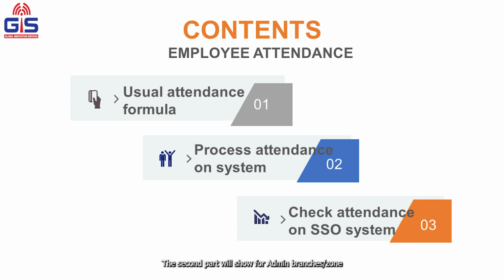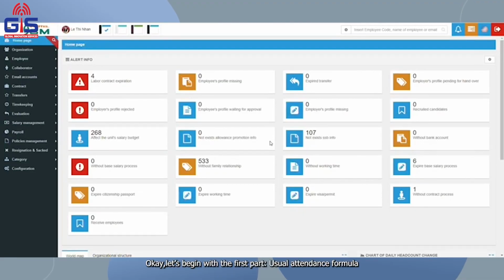The second part will show admins how to process attendance on the HR system correctly. And in the last part, all of us will find out more about how to recheck our attendance in the SSO system. Okay, let's start with the first part.